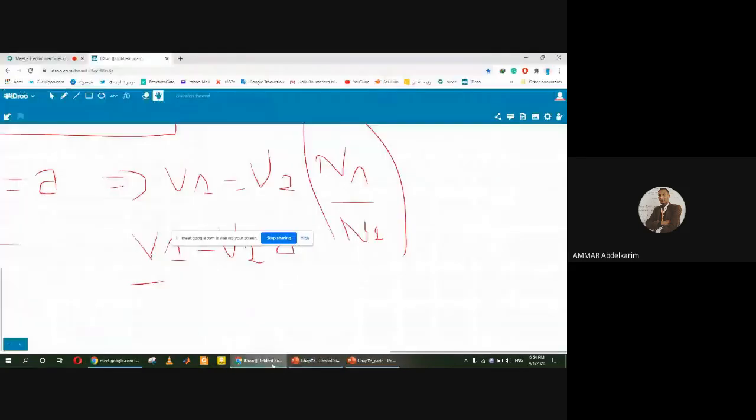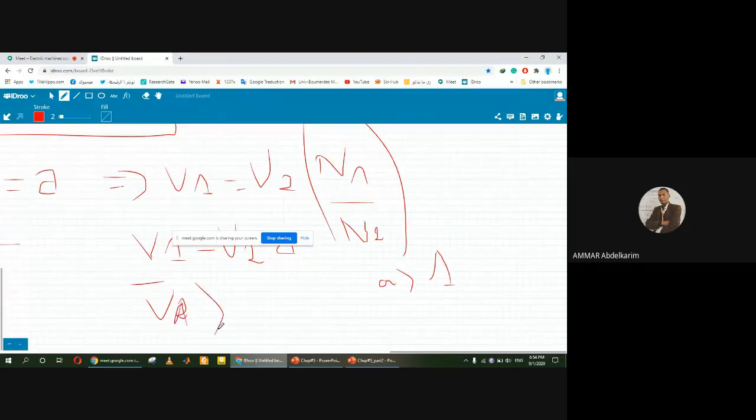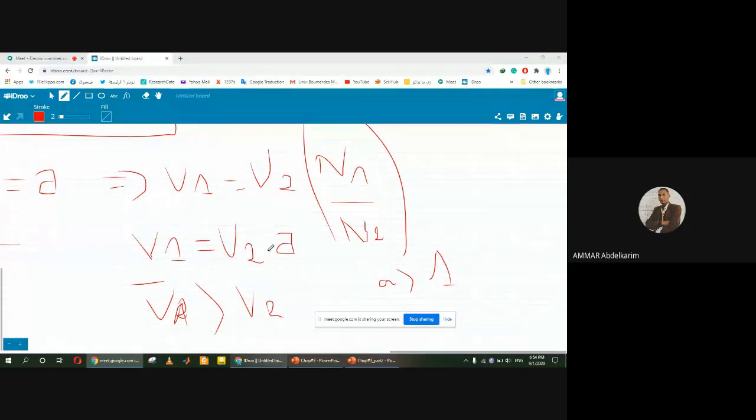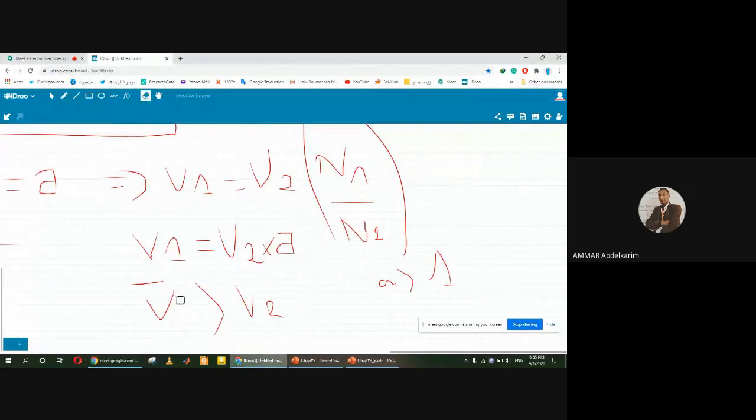So if N1 bigger than N2, A more than 1, which means that V1 is more than V2, because V2 is multiplied by an amount more than 1. Have you got it or should I repeat it?